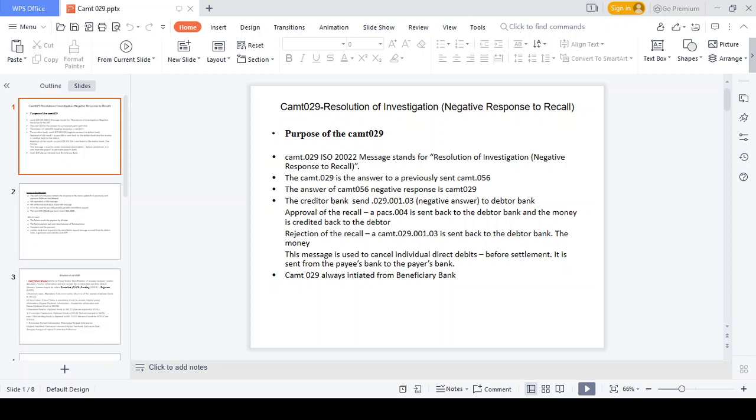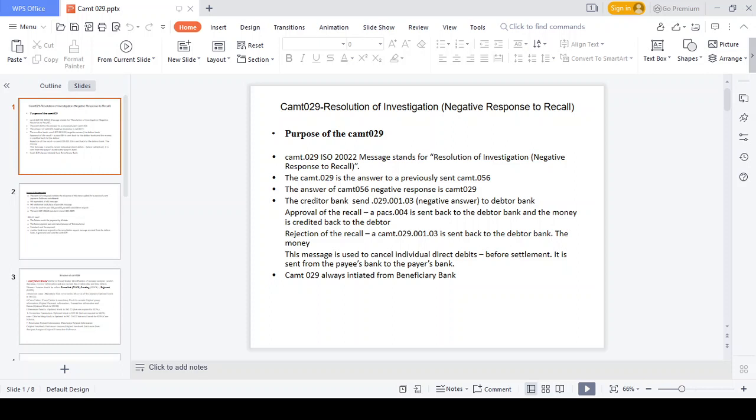The camt.029 is a response to camt.056. Always remember that camt.029 should be initiated from the creditor bank to the debtor bank.